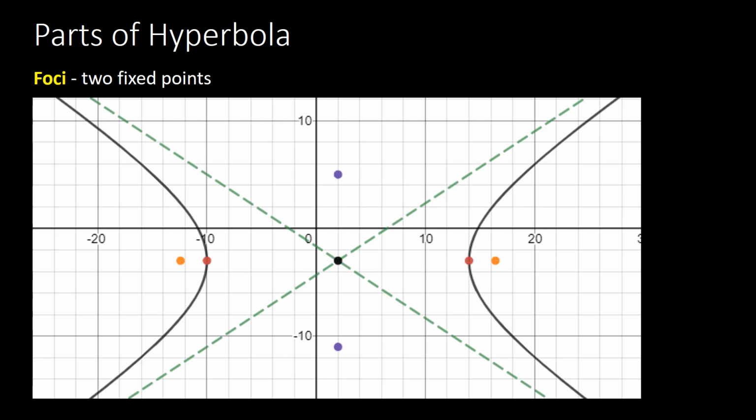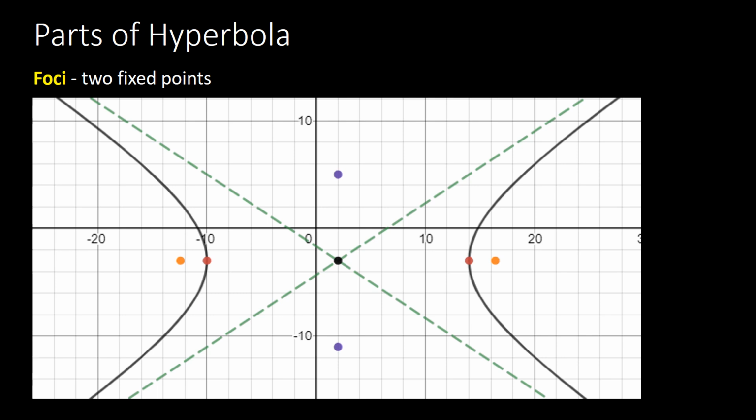Another one is the foci. Foci is the plural form of focus. When we deal with a parabola, a hyperbola, or an ellipse, the focus is a point located where our graph is opening.